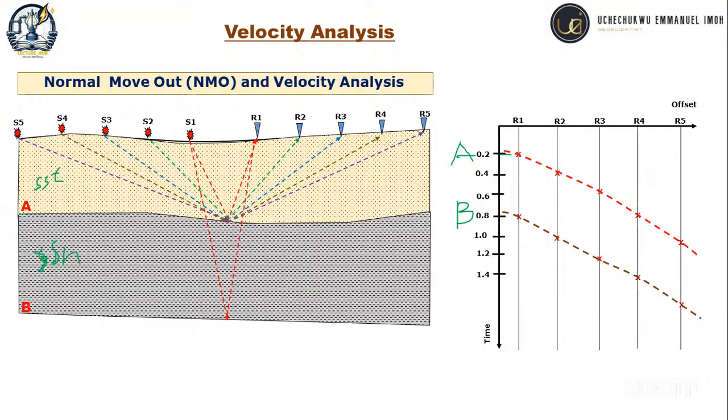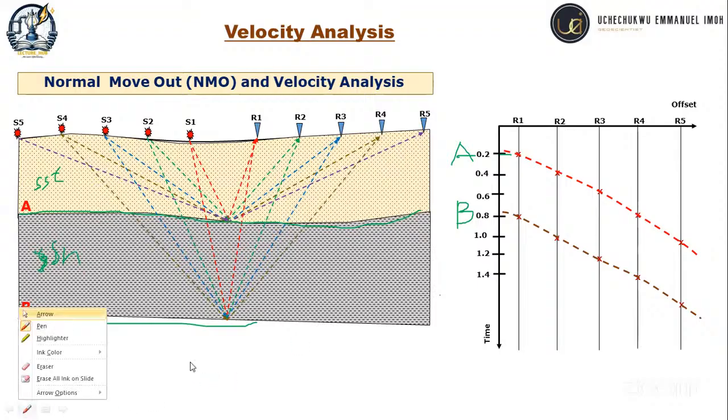If you get that correctly, you're going to reproduce geologic boundary A and geologic boundary B. To do that, you need to do a velocity analysis, and the software is what you use to do that.